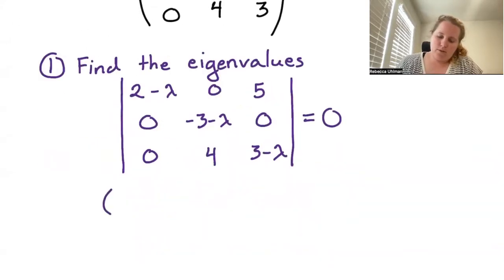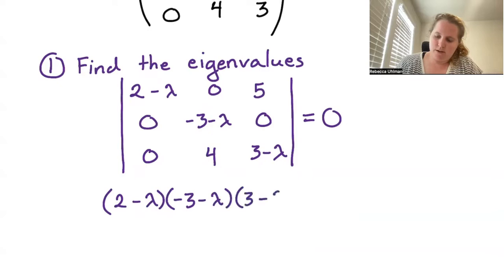For this determinant, we have 2 minus lambda times negative 3 minus lambda times 3 minus lambda. Then for our second forwards diagonal, plus 0. For our last diagonal, we have plus 5 times 0 times 4, so plus another 0.